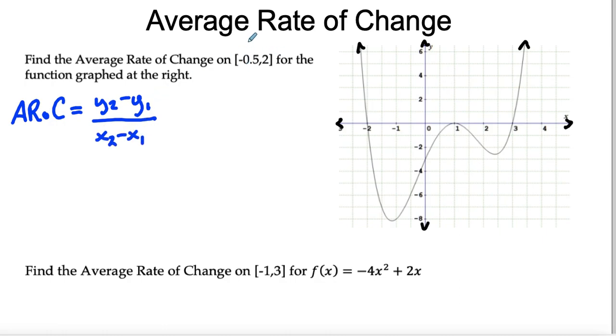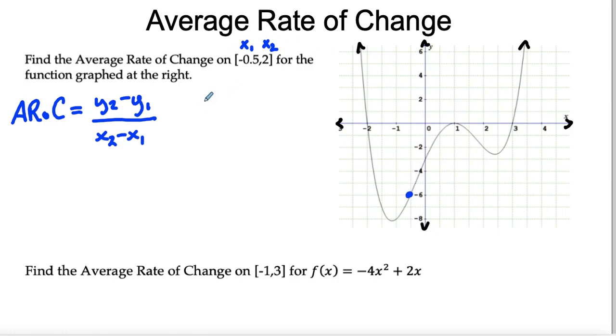Now in this problem, your x1 and x2 are given here because we're saying the interval from negative 0.5 to 2. How much is y changing? If I go over to my graph, that's how I'm going to find my y values.